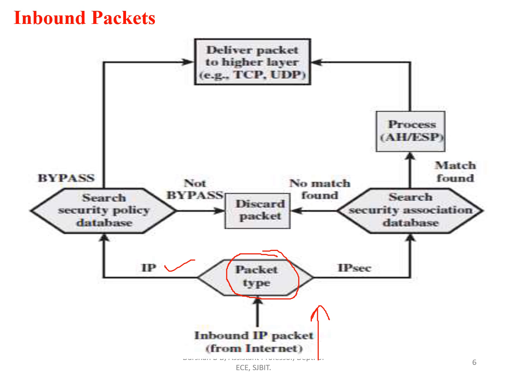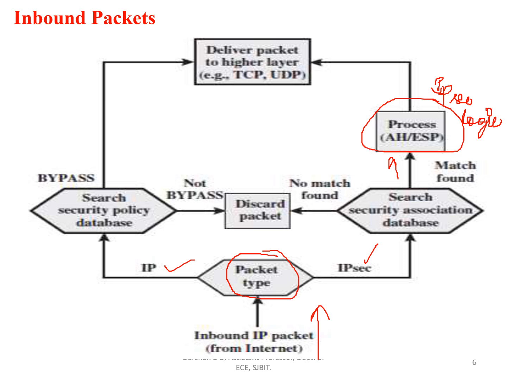If the packet is IP, we search the security policy database. If the packet is IP security, we search the security association database, and then we process it by applying the IPsec logic. So the first step: if we find IP security, meaning Internet Protocol security, we search the security association database.